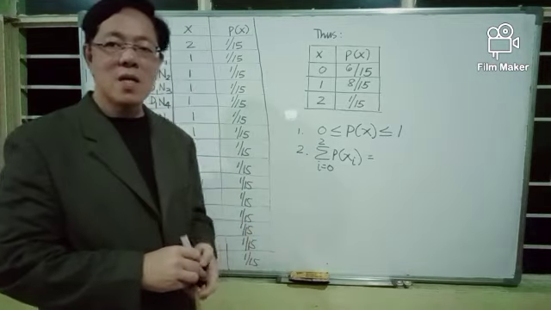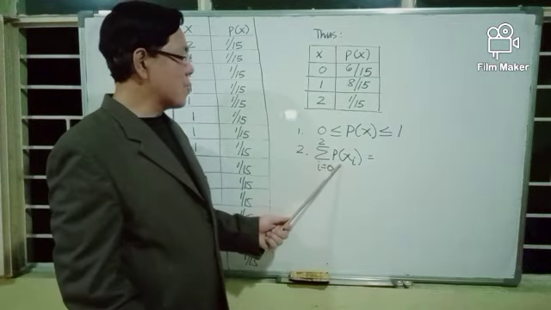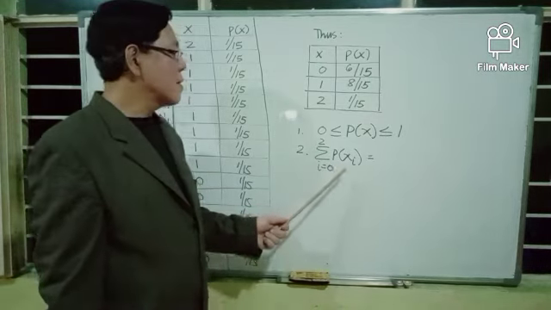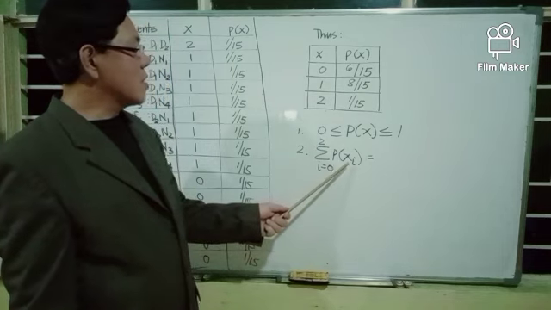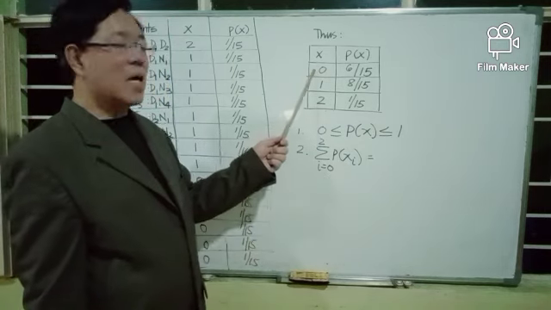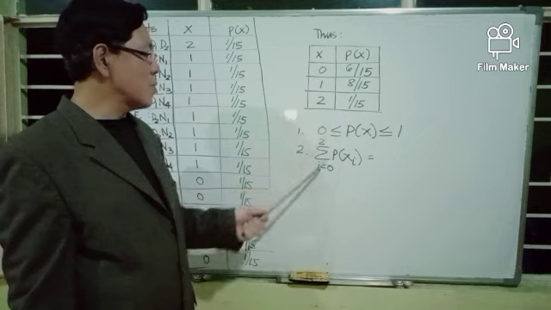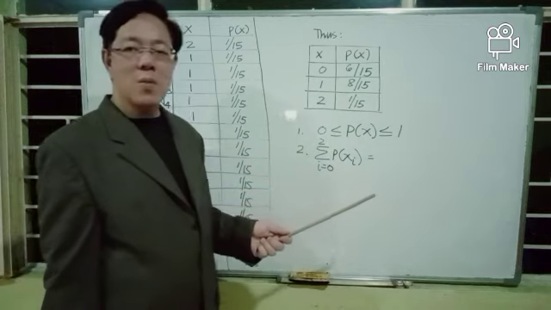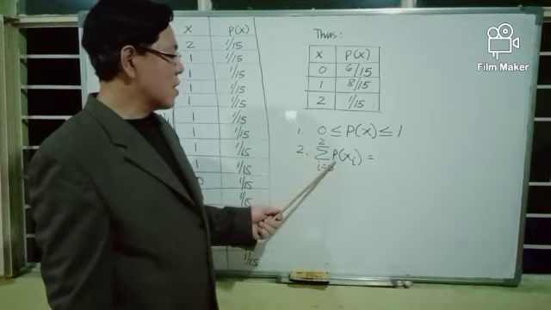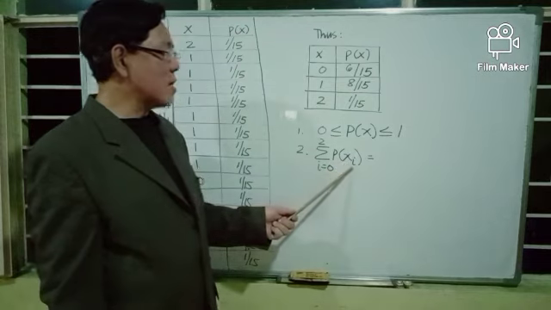In symbols, the summation of the probabilities of x sub i, where the values of the discrete random variable x range from 0 to 2, should be 1. So we expand this.